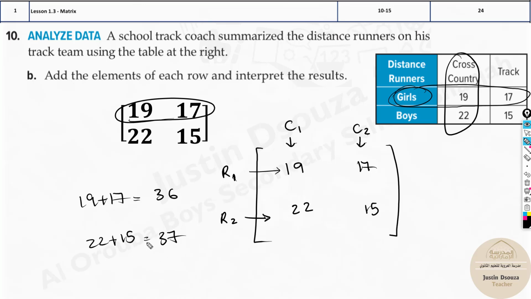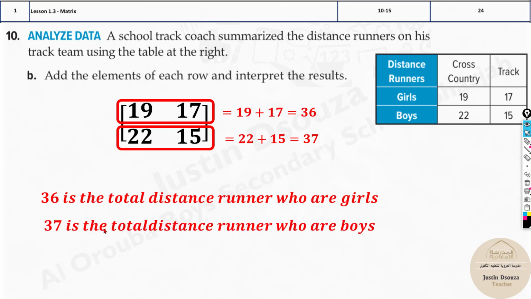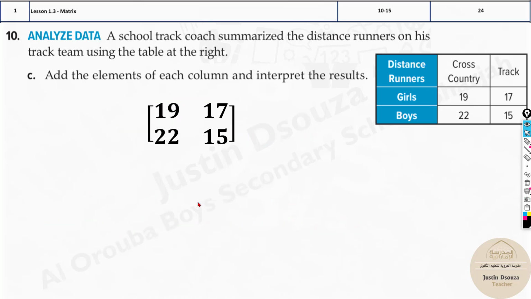So these are the answers. What does 36 represent? The total distance runners who are girls. And 37 are the total boys who are distance runners. That's it. We can see the answers here. You can see 36 distance runners who are girls. 37 are the boys. And last one, add the elements of each column.